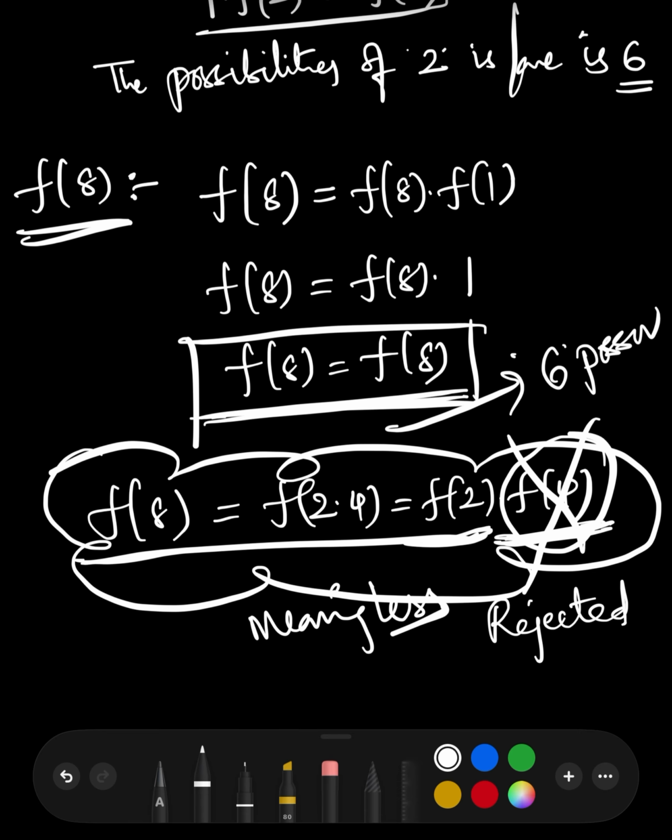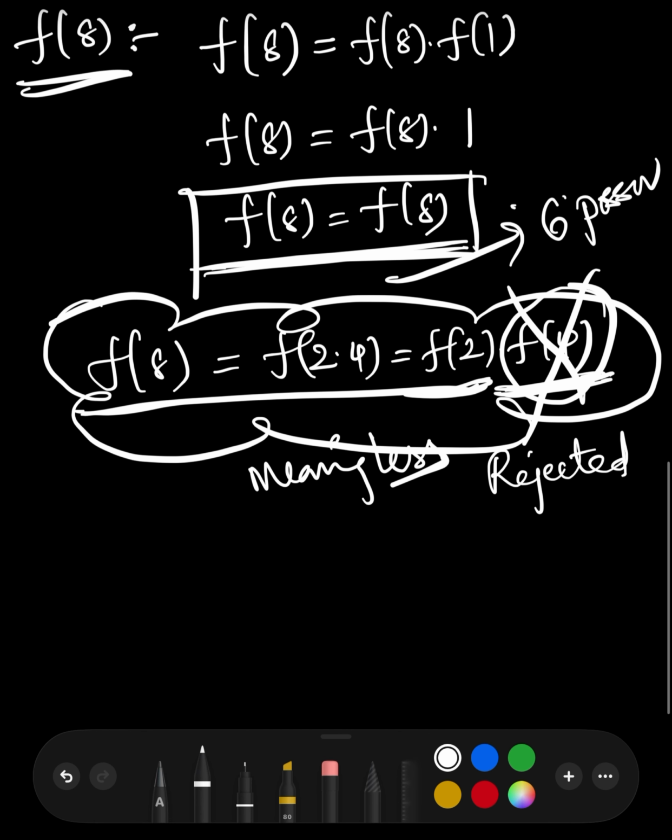By saying this clearly, f of 2 does not make any change in the possibilities of f of 8 directly, because f of 2 we will consider, but f of 4 cannot. That is the very important thing. So f of 8, how many chances? 6 possibilities, right? Now it is completed.